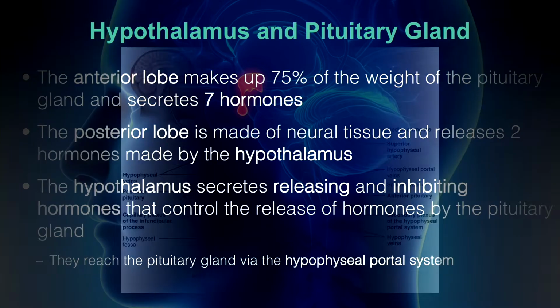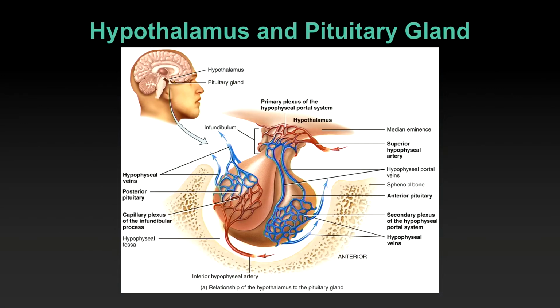And we see that portal system shown here. On the right-hand side, the anterior side of the slide, you can see the anterior lobe of the pituitary. You can't see the hypothalamus, but you can imagine it up here with the infundibulum connecting the two. And the portal system are these two plexuses, the networks, the mesh capillary beds that allow easy passage of substances in and out of the blood.